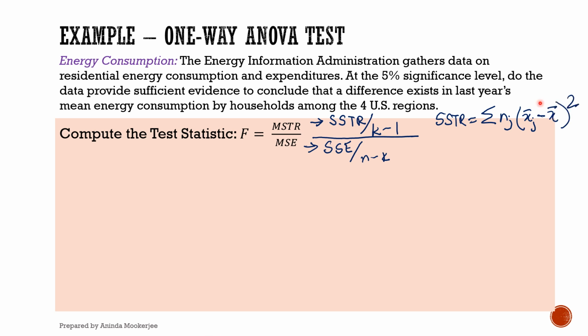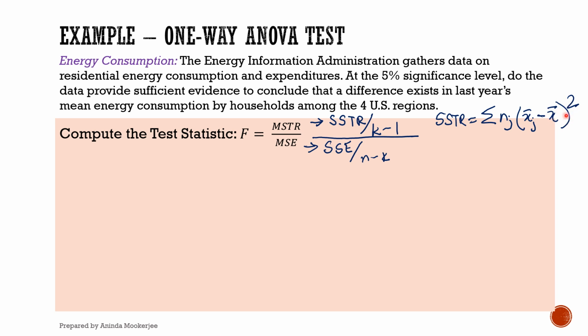What that means is that we take each individual sample mean and find how much it is off from the overall mean. So that's why it's individual sample mean minus the overall sample mean, the variation of each individual mean from the overall mean.